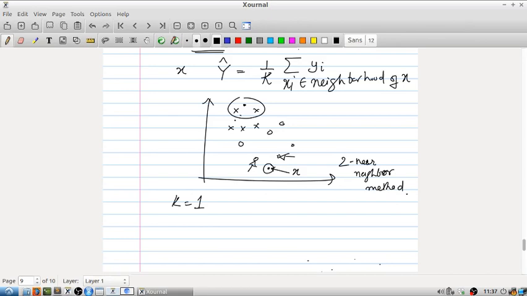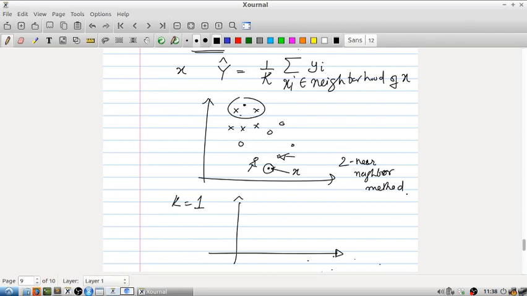Now, if we take k equal to 1, how does the decision boundary look? The more general question is, how does the decision boundary look for this method? Linear regression gives a line which cuts the 2D plane. For this method, Figure 5 in the notes shows the 15 nearest neighbor method.